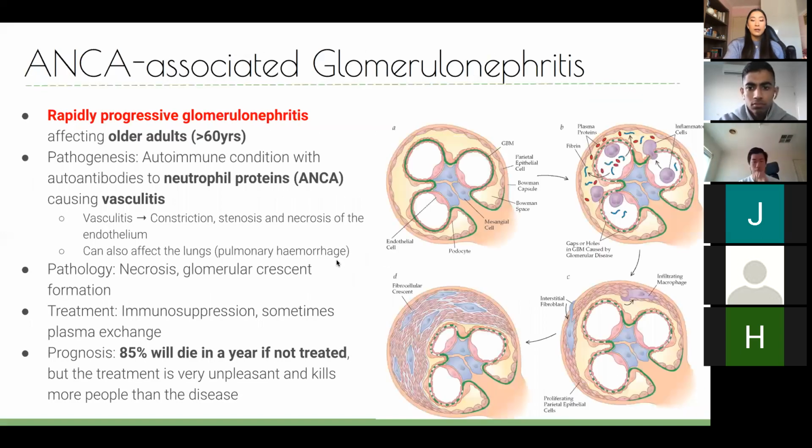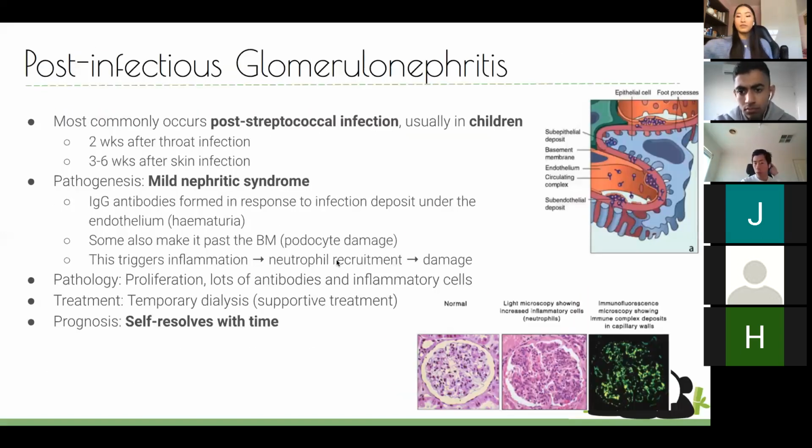As a point to add to that one before, that time frame is really important. So there's 2 weeks after throat infection, sorry, and this 3 to 6 weeks after skin infection is really important to differentiate it from IgA glomerulonephritis. So this 2 week time frame is quite buzzwordy as well.